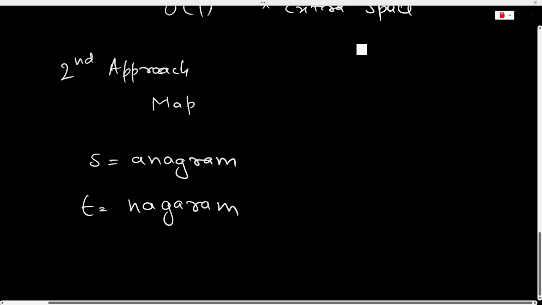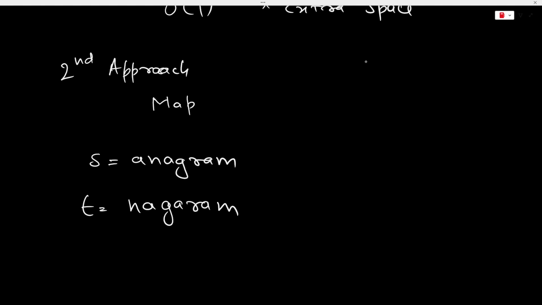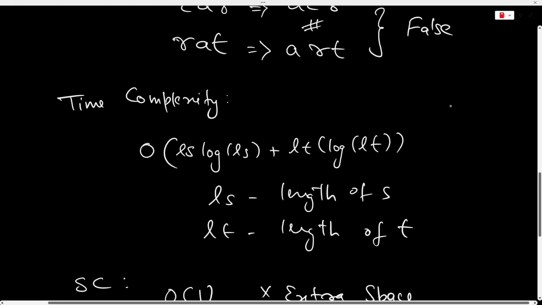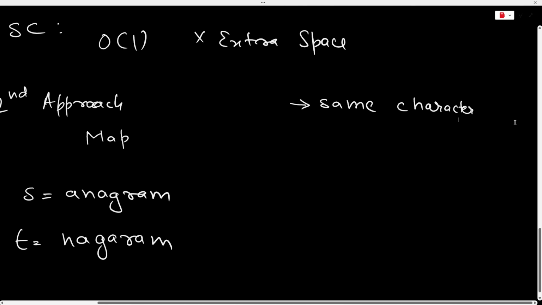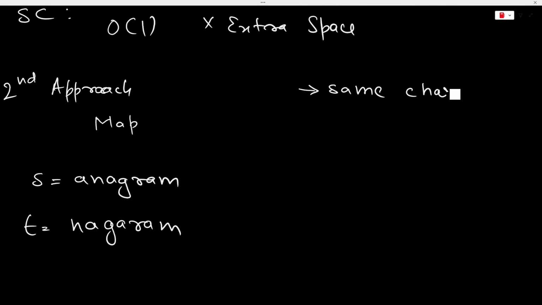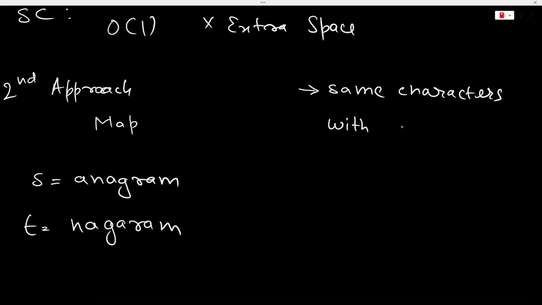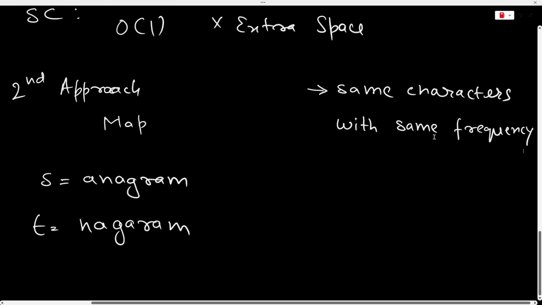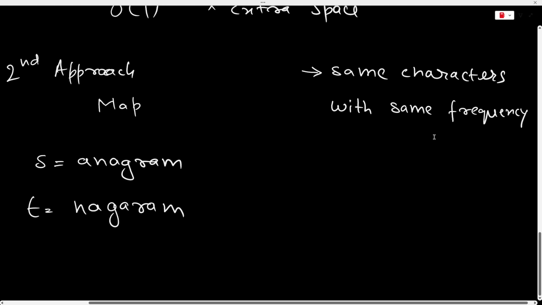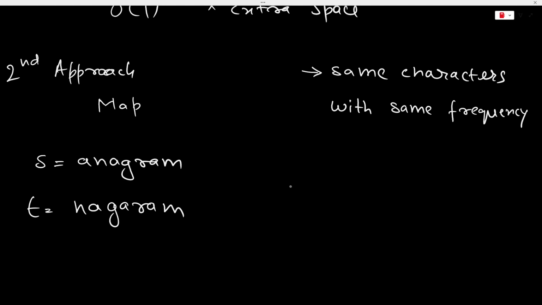Our definition was that both of these strings should contain the same characters with the same frequency. So that's what we'll use a map for, to check if characters and frequency both are identical or not.